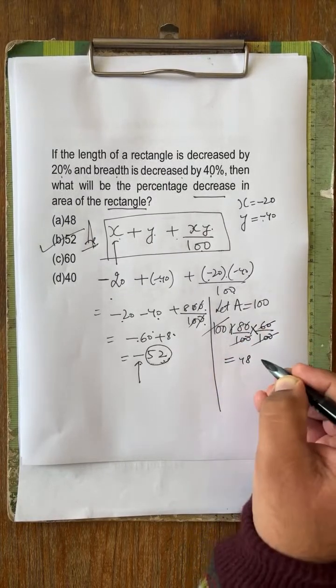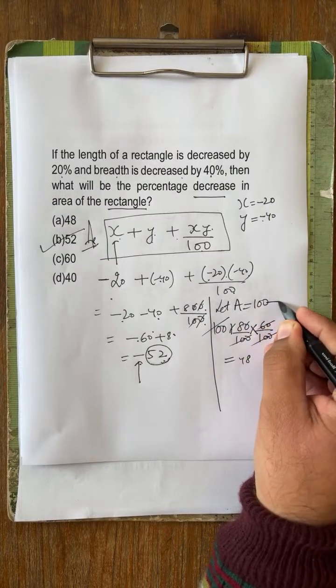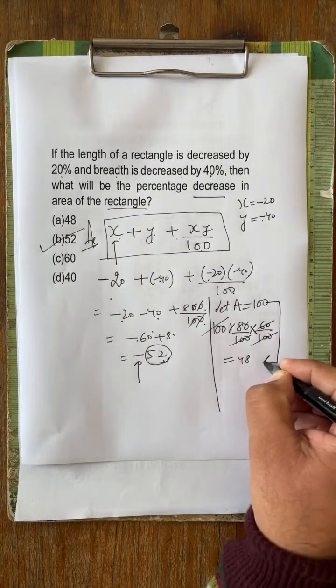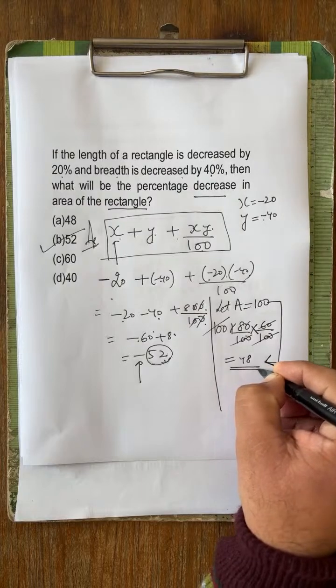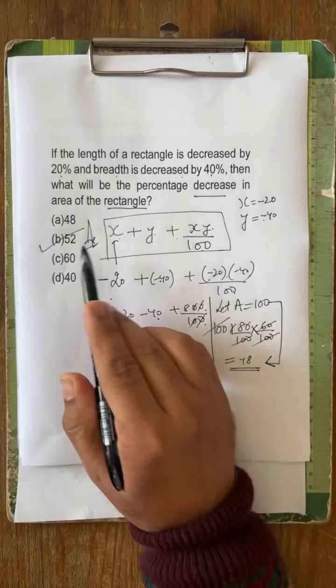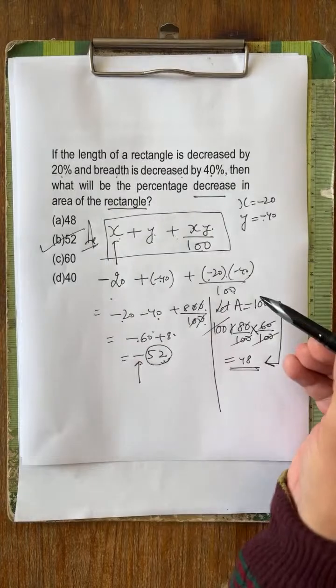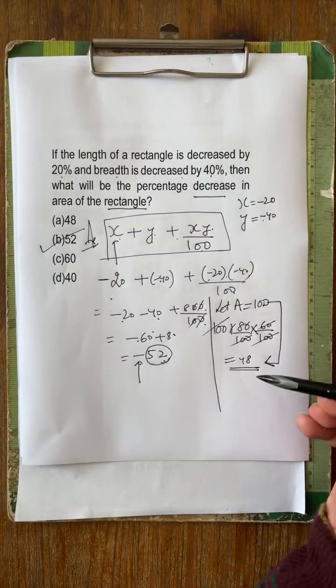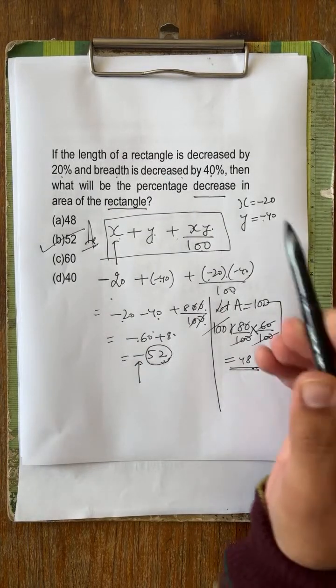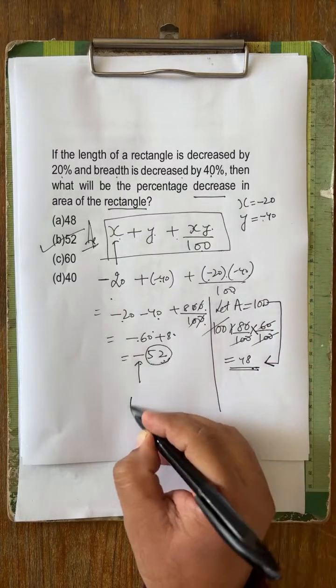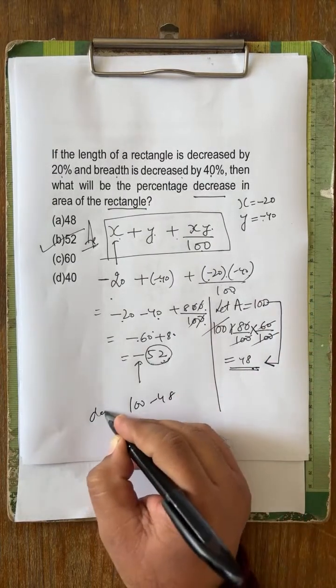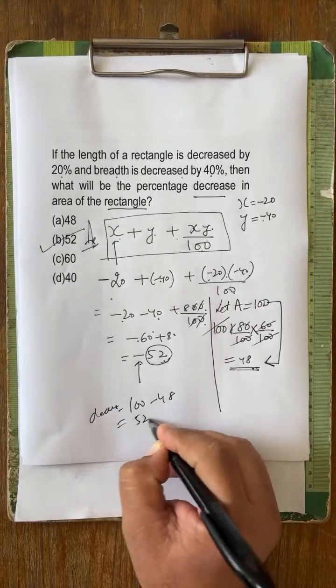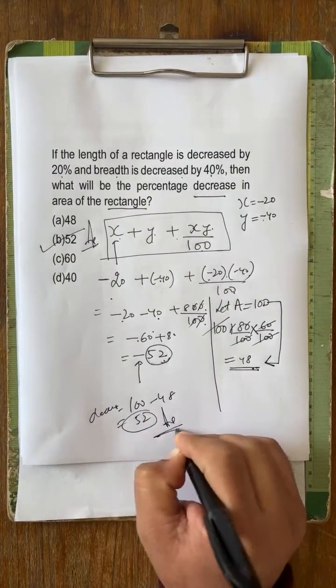This will be 48. This means that area is decreased from 100 to 48. But be careful, do not mark 48. The area has been decreased from 100 to 48, but the decrease is 100 minus 48, that is 52 will be our answer.